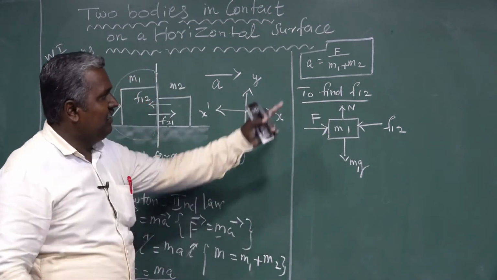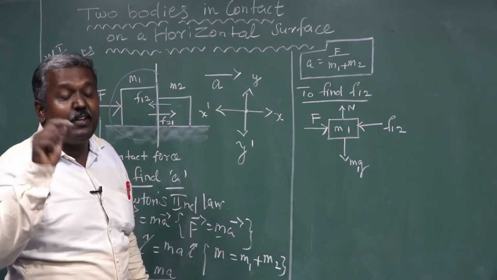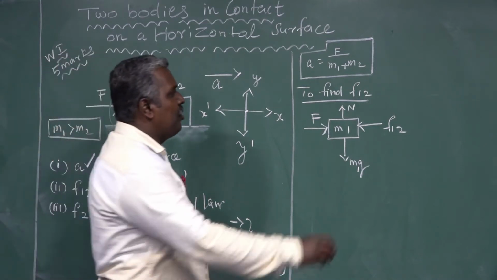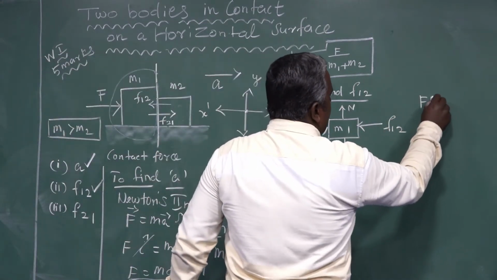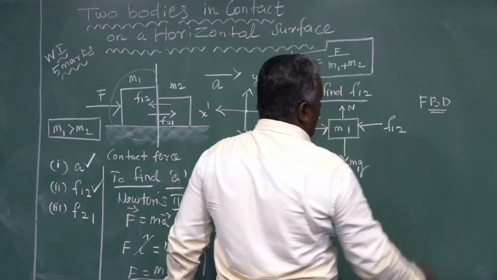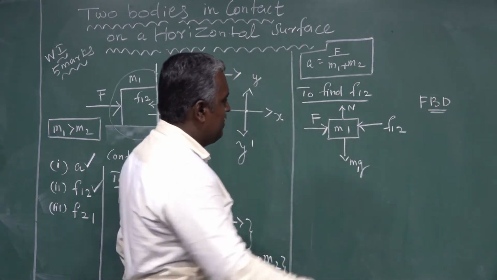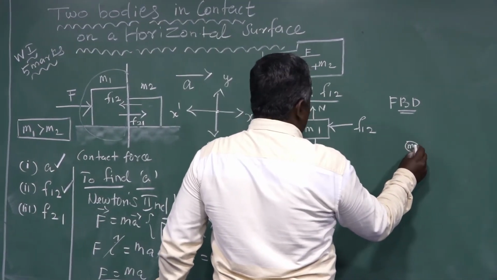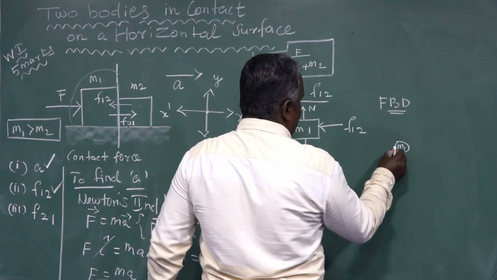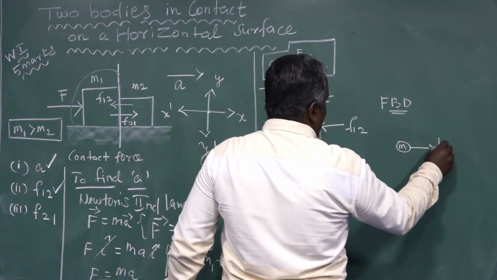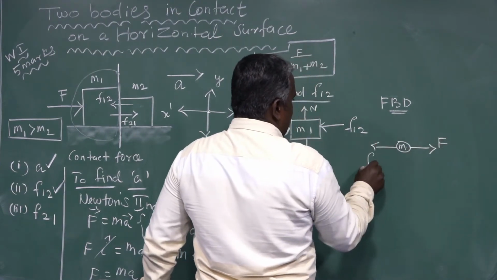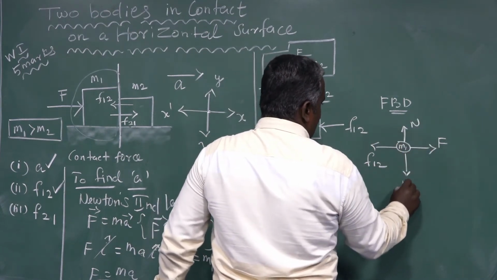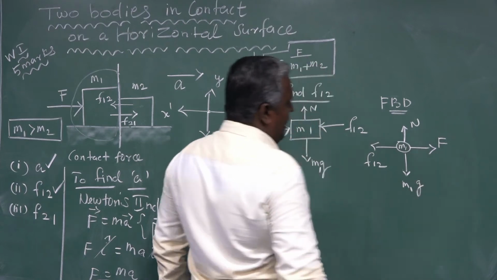To find F12, we must draw the FBD. What is FBD? Free body diagram. How? Listen. This is M1, F12, N, M1g. That's all.